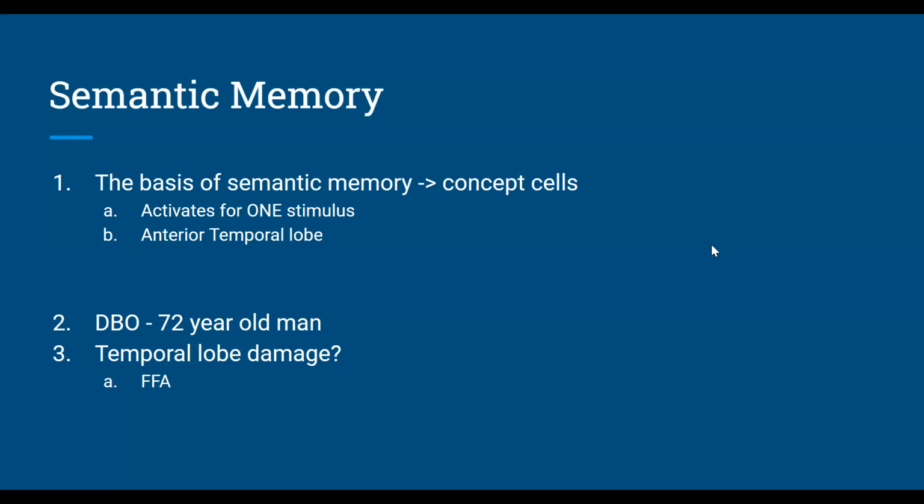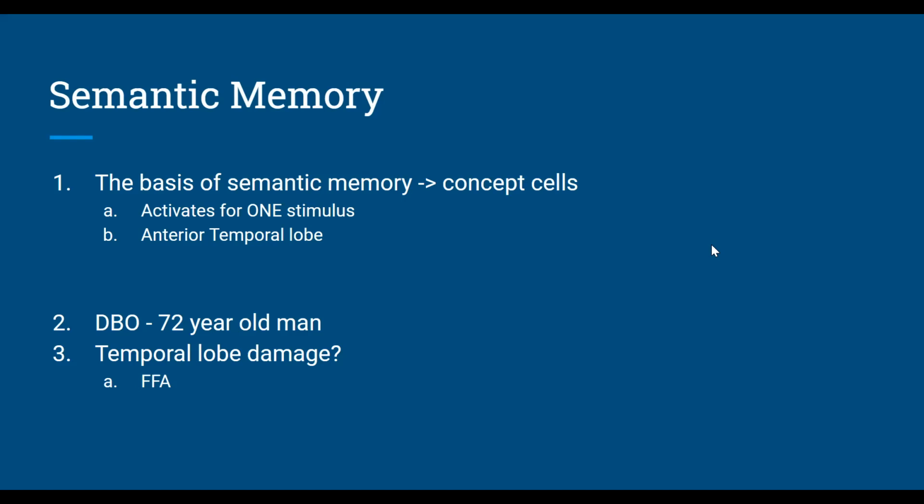That's a fact. So the basis of semantic memory is formed by things called concept cells. What are concept cells? Concept cells are cells that encode the concept for one thing.